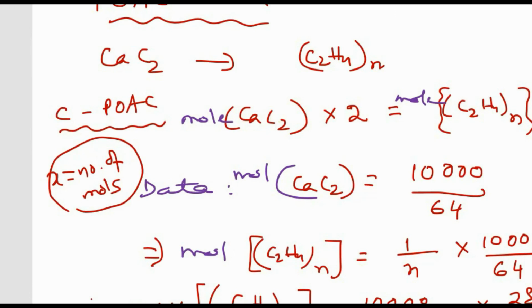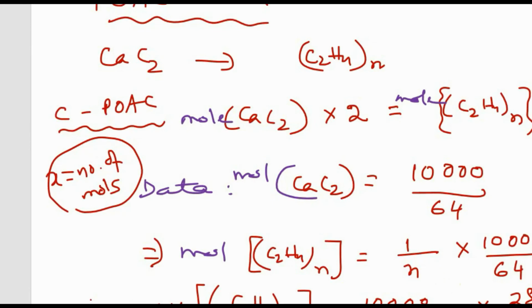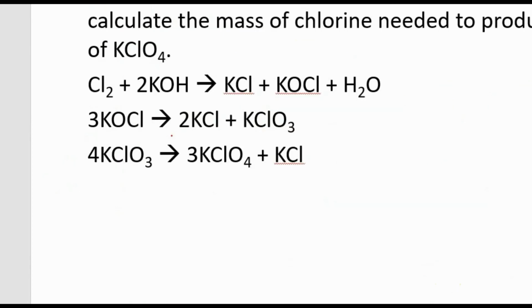Where does n get cancelled? Up to the mole there is n, 1 by n. Cancellation will occur at the end. Finally, to get the mass of polyethylene, we multiply by its molecular mass, 28n. So here n gets cancelled and we get the result. See how quickly we arrived at the result by the POAC method.